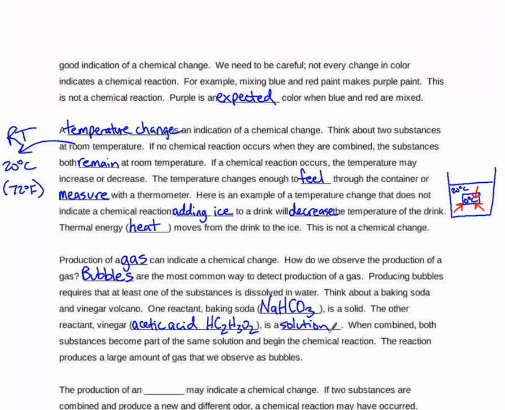When we combine them, both substances become part of the same solution. They're all mixed together, they're mixed in the water, then the chemical reaction starts. If you had both of these things in powder form, nothing would really happen. This reaction produces a large amount of gas, which we observe as bubbles.